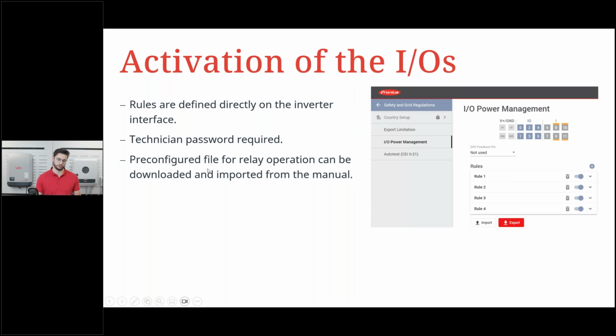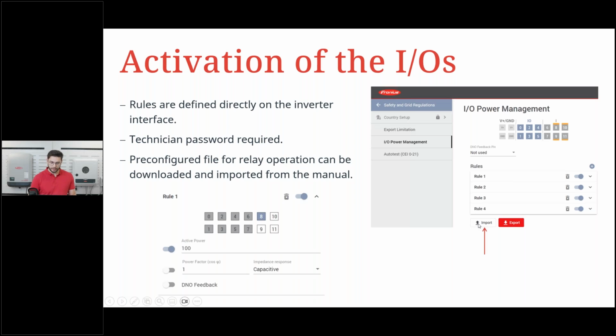As mentioned, we also have a pre-configured file for relay operation that can be downloaded and imported from the manual. So right down here below, we see the import button. And if we hit it, we can upload a pre-configured file, for example. And it could look like this.